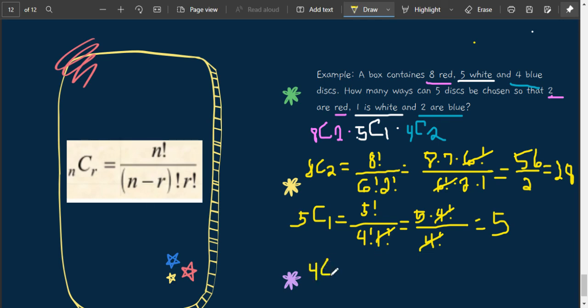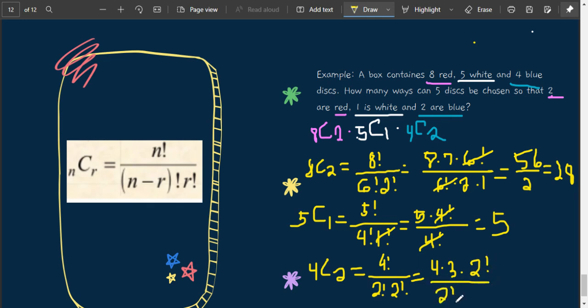Then, we have 4C2. Ayan na, 4C2. Last one na. So, 4 factorial divided by 4 minus 2 is 2 factorial, right? Tapos, 2 factorial. Then, expand natin yung 4 factorial hanggang 2 factorial para makancel natin siya.